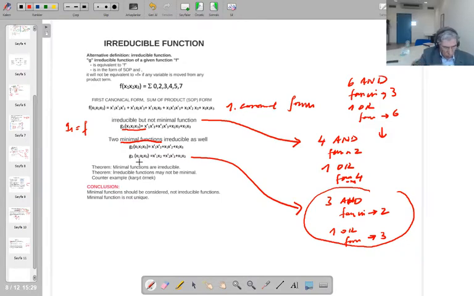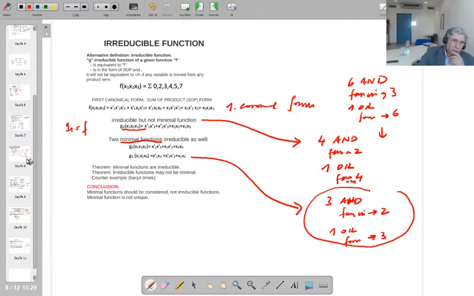We are looking for minimal functions which are at the same time irreducible functions. Another quite interesting conclusion: we've got two functions here equivalent to the original function and both of them minimal. That means a minimal function is not unique. There could be more than one minimal function. Is there any benefit to that or not? We're going to see it later on.